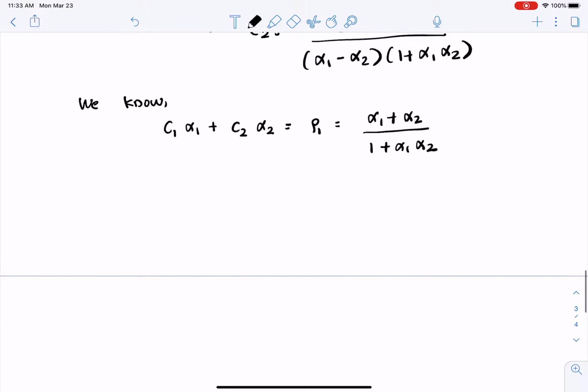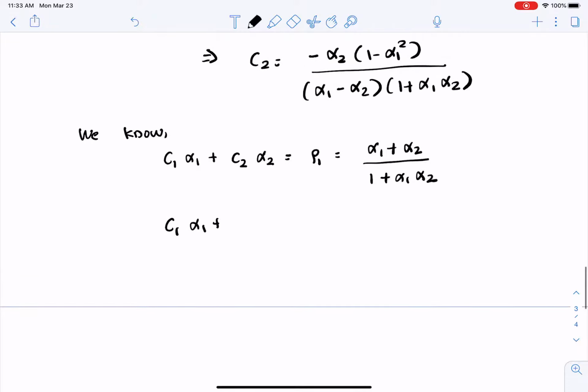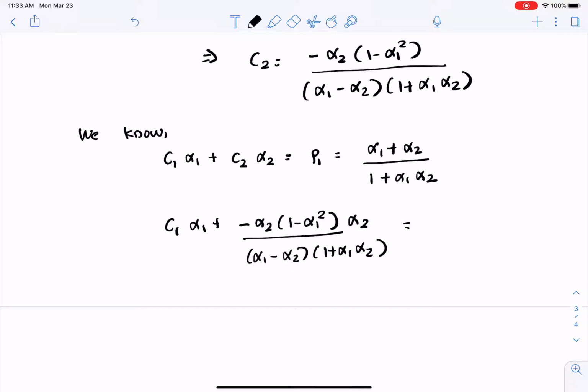So we're going to plug in C2, which is negative alpha 2 times 1 minus alpha 1 squared divided by alpha 1 minus alpha 2 times 1 plus alpha 1 alpha 2, multiplied by alpha 2, which would equal alpha 1 plus alpha 2 divided by 1 plus alpha 1 alpha 2.